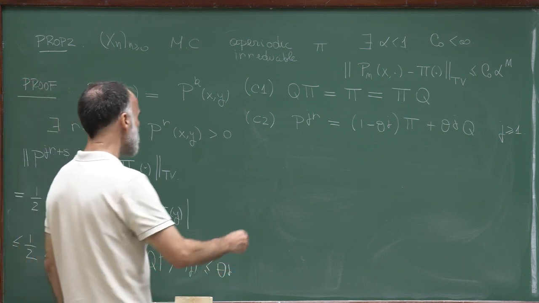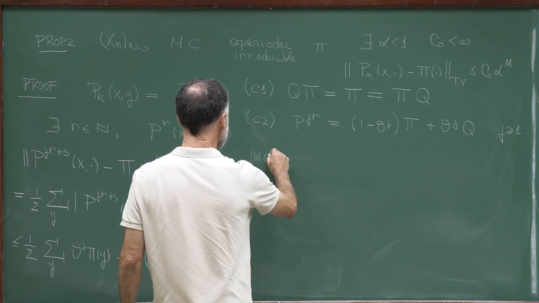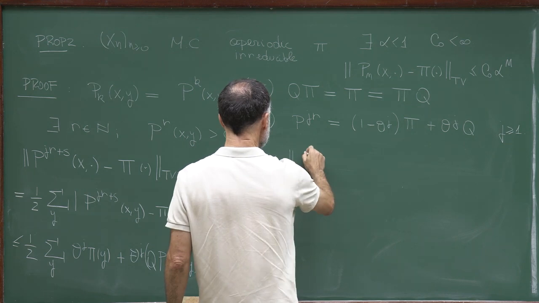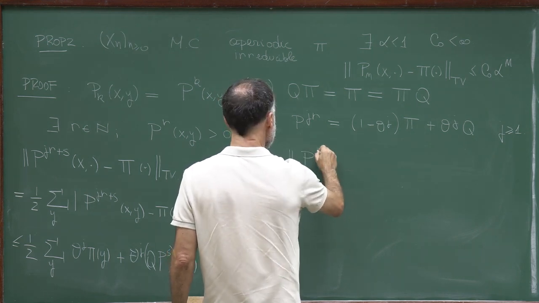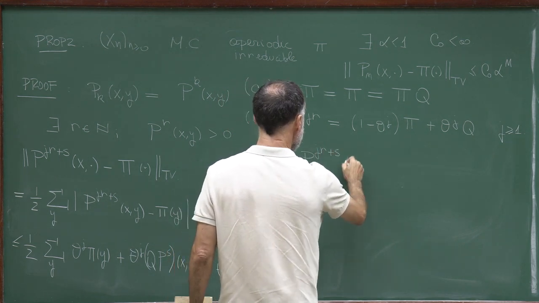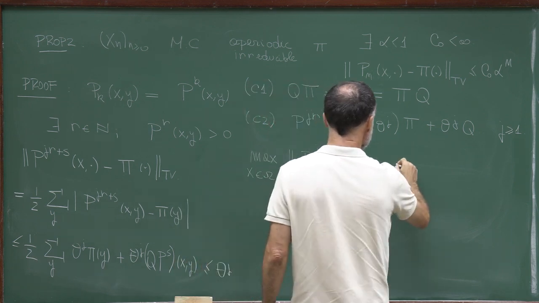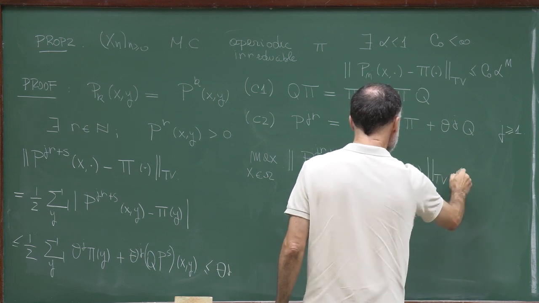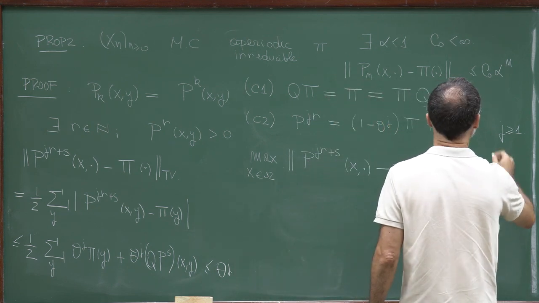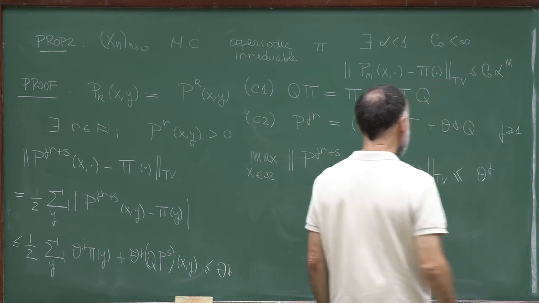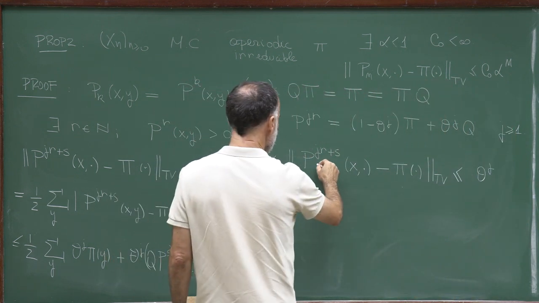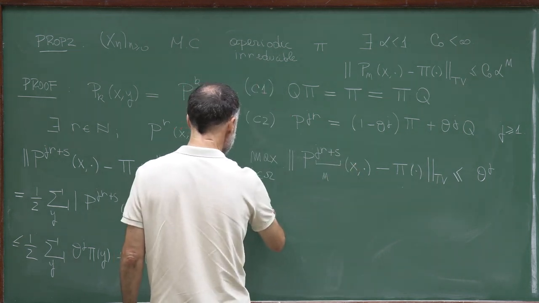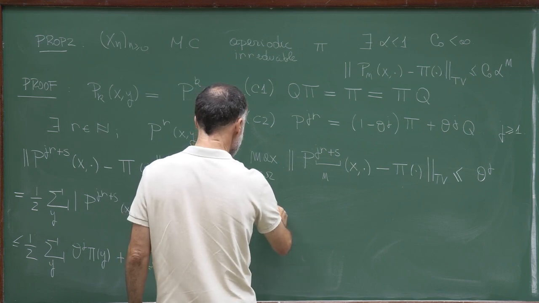So what we proved is that the maximum for x in omega of the total variation distance between P^(jr+s)(x,.) and pi is bounded by theta, which is a number smaller than 1, to the power j.